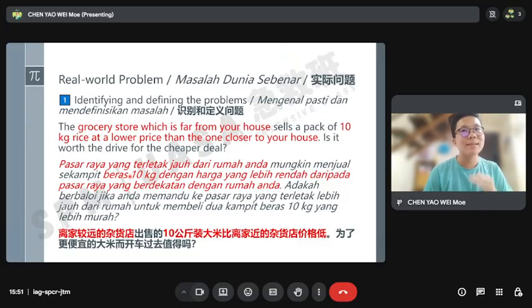I think the explanation here already gives you the idea. I just extracted the example from the textbook.